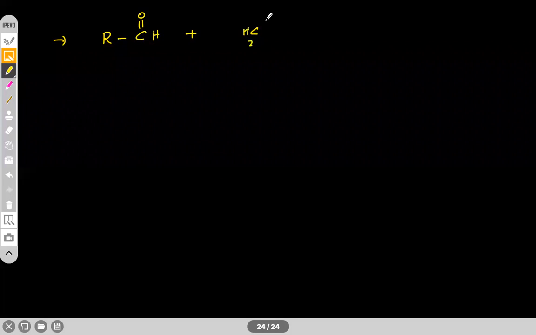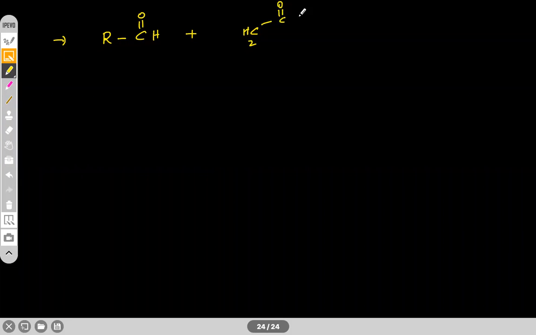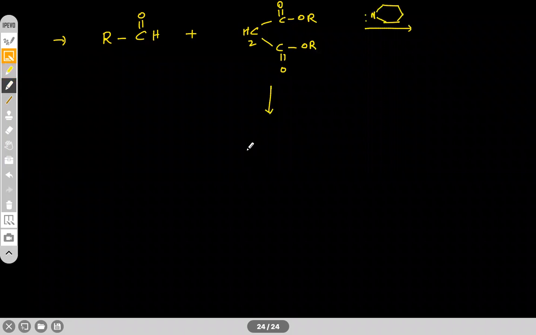Okay. Suppose we have RCHO and this reacts with CH2, with C=O OR on both sides; the active methylene group is this, with the electron withdrawing groups attached. In the first step, we are taking piperidine. Piperidine takes this acidic hydrogen. Very similar reaction to before; you will get it easily.